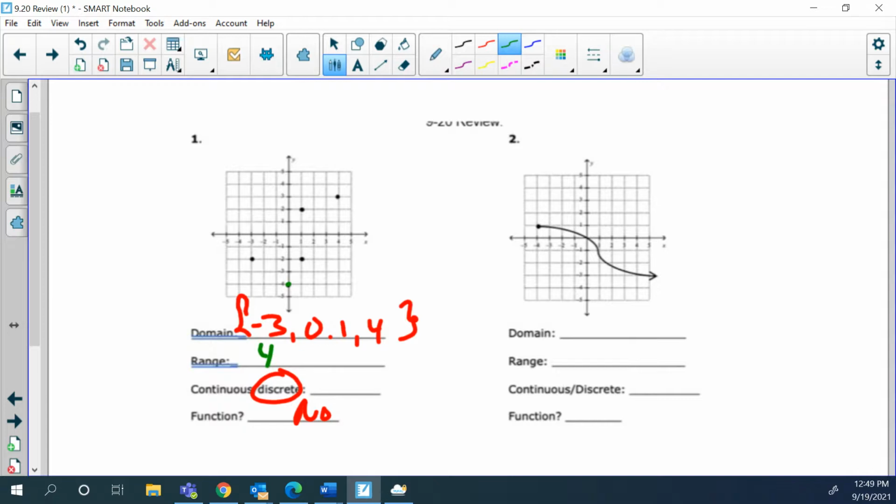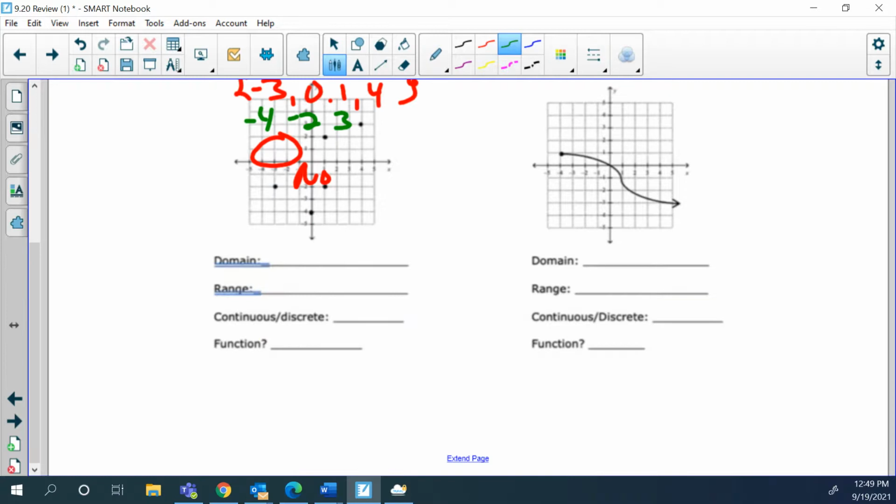The next one up is right here, and I go to the y-axis. That is, I'm sorry, that's a -4. I go over that's -2. But also, this one is -2 too. But I'm just going to write the point one time. The next one up is this one. That is 3. And the next one up is 3. And so the next one up is, I'm sorry, this one is 2.